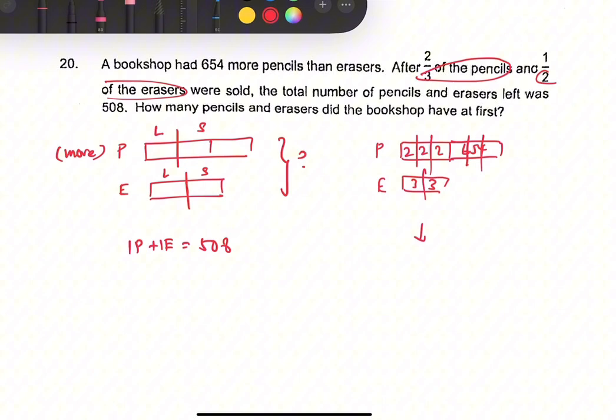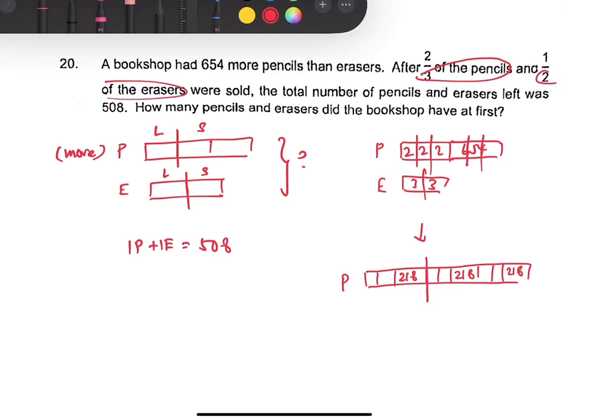So 654 divided by 3, each unit is 218. So I can reshuffle, drawing it this weird method. 2 units, this is 218. 2 units, 218. 2 units and 218, and these were sold.